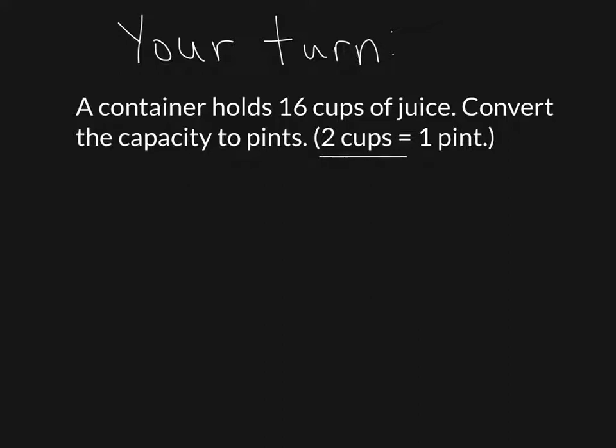However, I have told you what the conversion factor is. I've at least shown you what the conversion factor for cups into pints is. You're going to have to figure out what the conversion factor of pints to cups is so that you can use that in the process to find the answer.